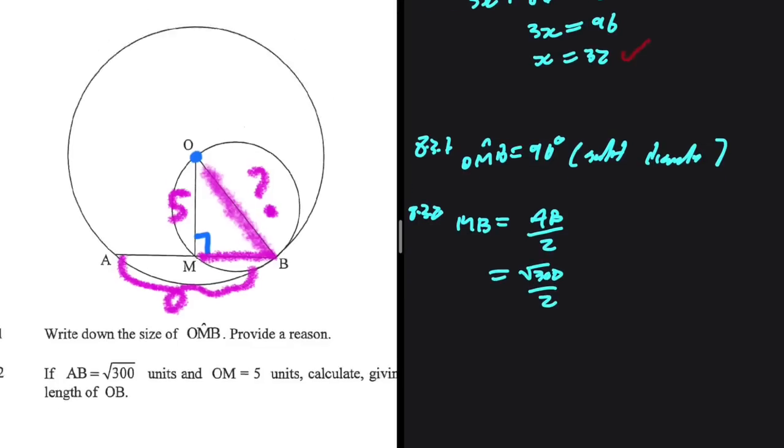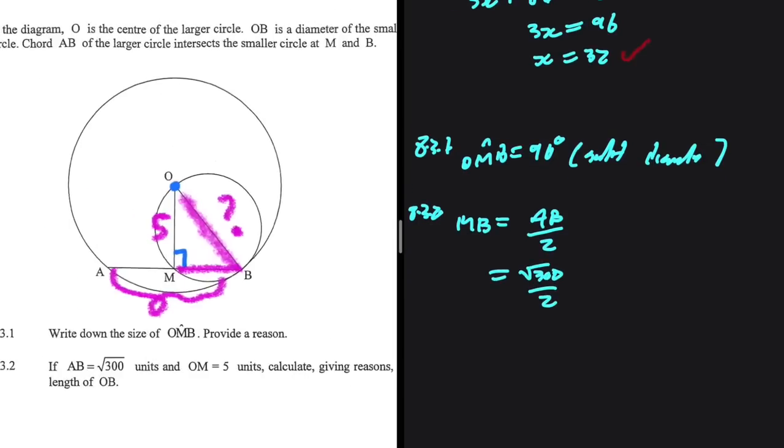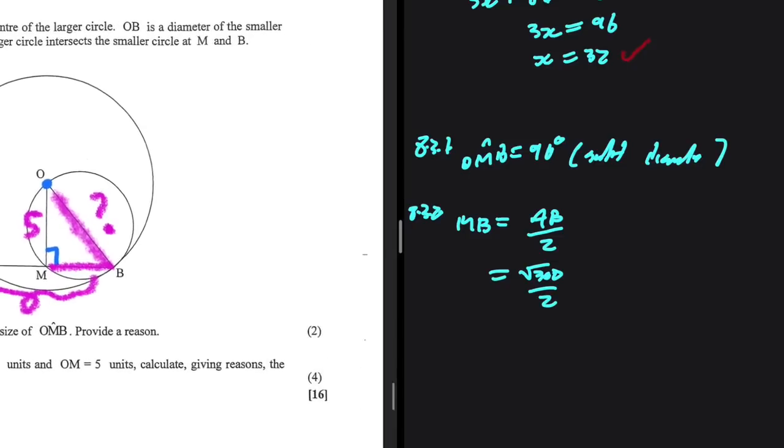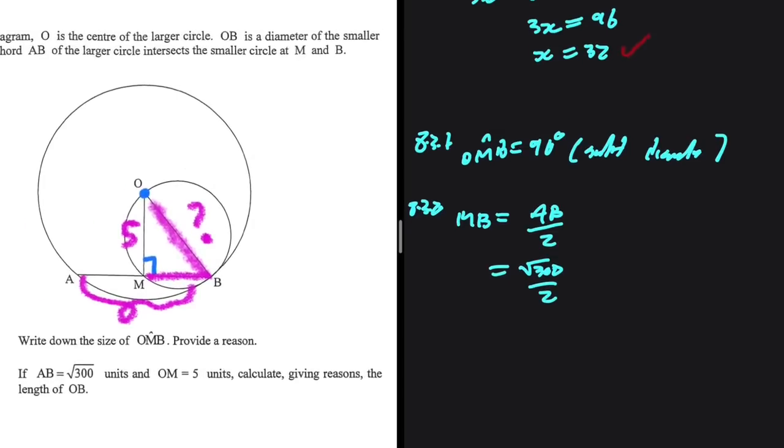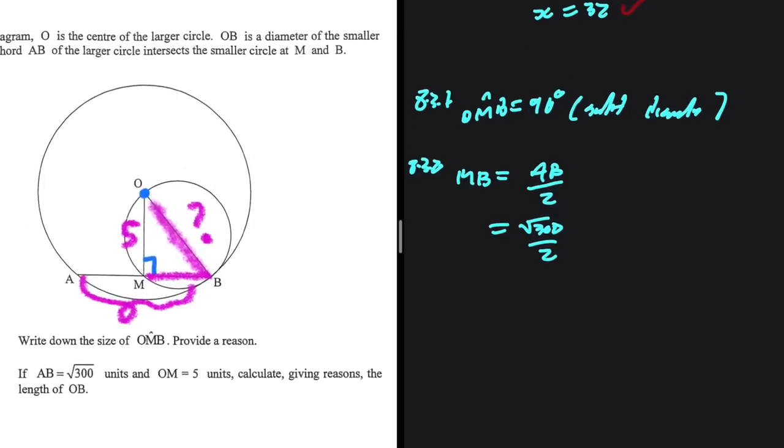If I go ahead and use the theorem of Pythagoras, it seems quite fishy. I don't know why it is 4 marks because it is pretty much straightforward. So OB squared is equal to MB squared plus OM squared.